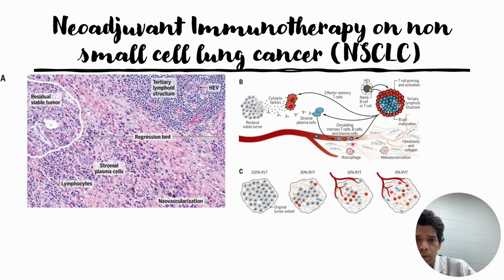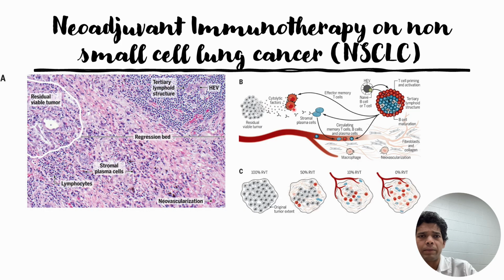The circulation of these memory T cells and B cells usually occurs through angiogenesis, or more blood vessel formation. At the same time, the B cells will also mature and cause neovascularization at the secondary sites, which will attract different types of immune cells, such as macrophages, to the site of the tumors.